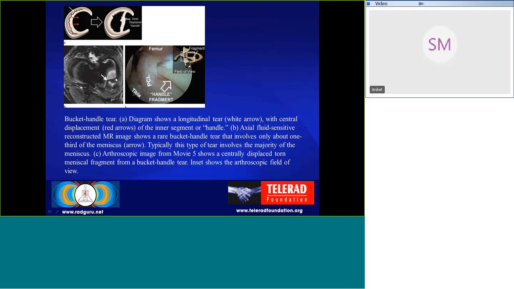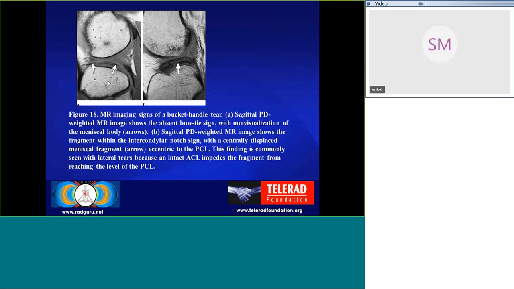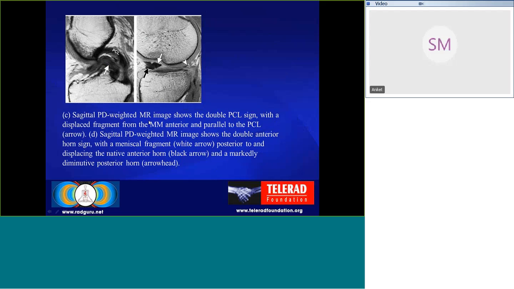This is the axial image where we are seeing a fragment of the meniscus which is displaced medially. And another sagittal image shows a double PCL sign where a meniscal fragment is displaced anterior to the PCL, which is giving a double meniscus sign.